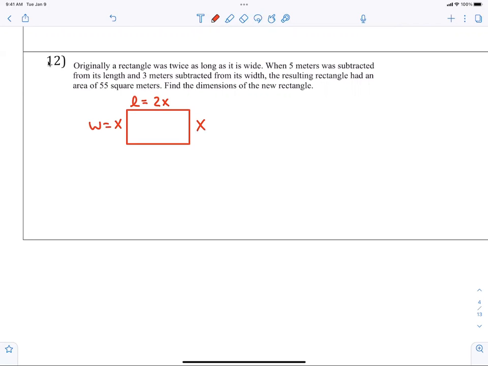Now, when 5 meters was subtracted from the length, the new length is going to be what? We're going to do a new rectangle. 2X minus 5. And 3 meters was subtracted from its width. So what's the new width? X minus 3.